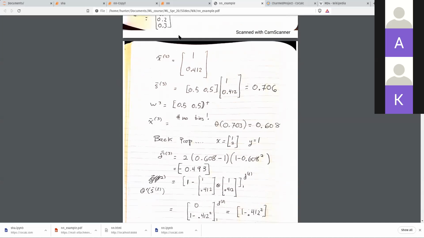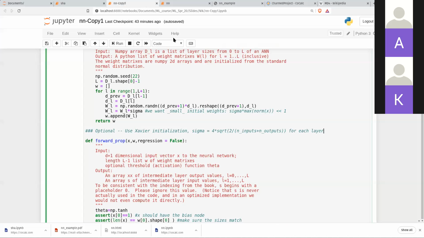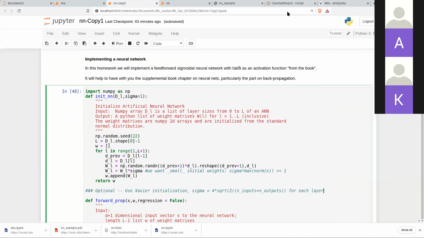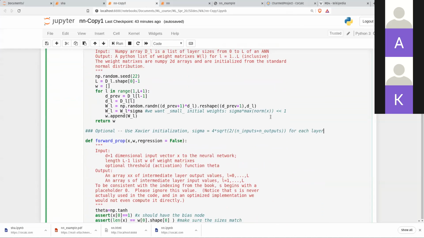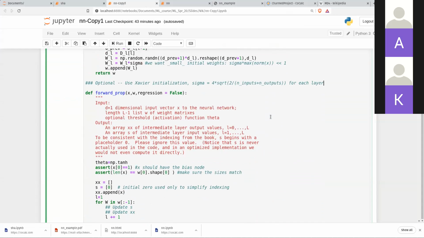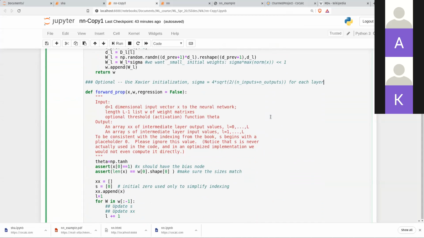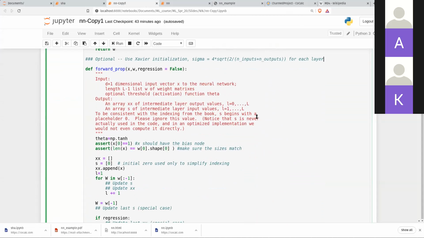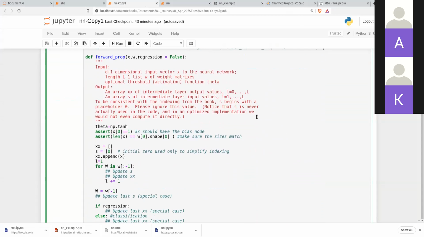So I think this is here. So here's an implementation of a neural network, and this will be the basis for your code when you implement it. By the way, if you want to totally ignore this structure here and just try to implement it completely on your own, that's fine too.